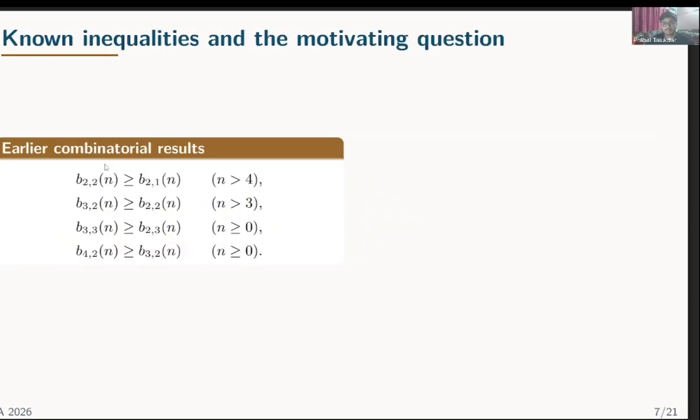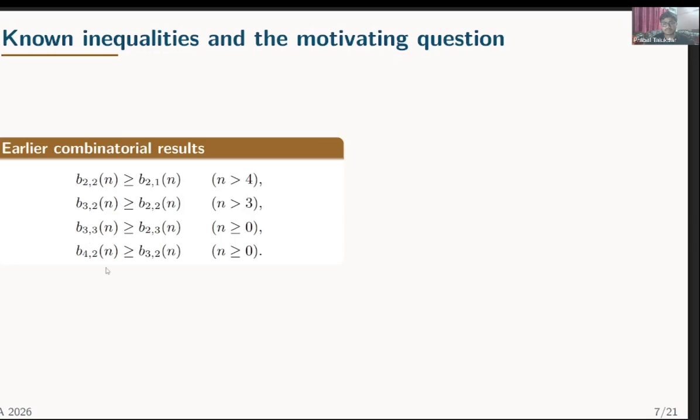Now with this hook count defined, let us look at the earlier results that motivate our approach. The inequalities listed here come from the earlier work on hook length biases. Singh and Barman proved the inequality b_{2,2}(n) is at least b_{2,1}(n) for n greater than 4, and later also proved that the inequality b_{3,2}(n) is at least b_{2,2}(n) for n greater than 3.